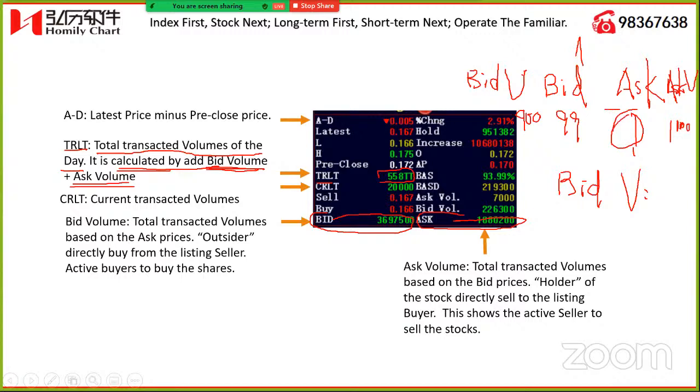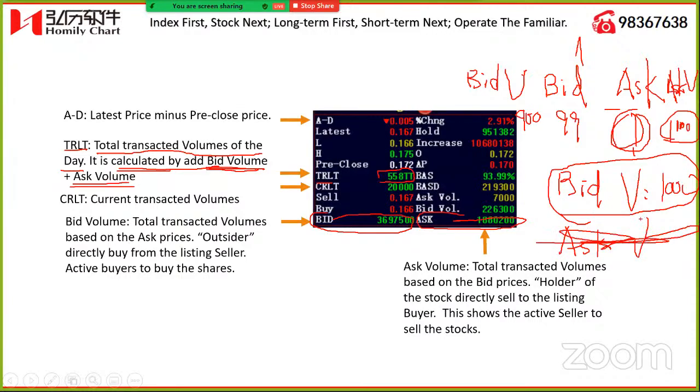Some people want to buy based on the asking price, so this 1,000 shares was fulfilled, and there was a buyer. It bought 1,000 shares, right? So we count this as bid volume 1,000, all right? But we don't count it as ask volume. We count it as bid volume at 1,000 shares. So this 1,000 shares will count into here.